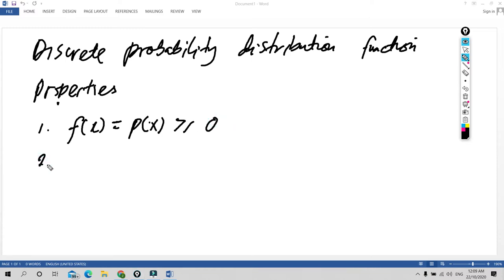And number 2: the summation of f(x) for all x is equal to 1.